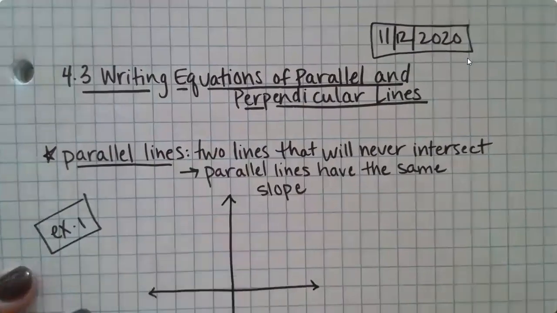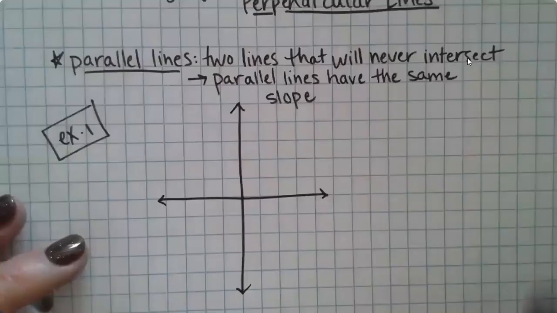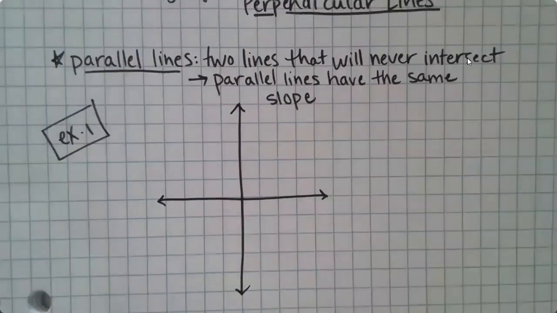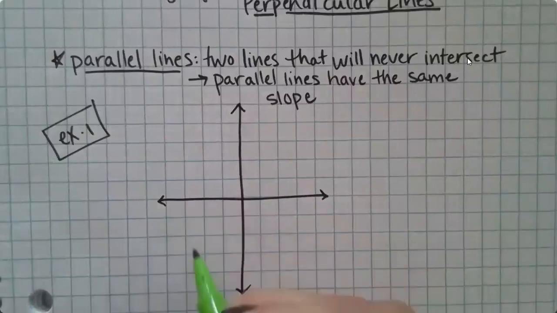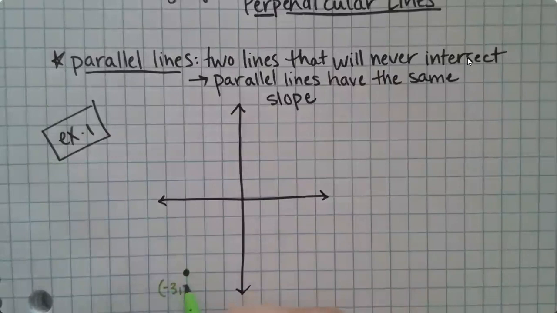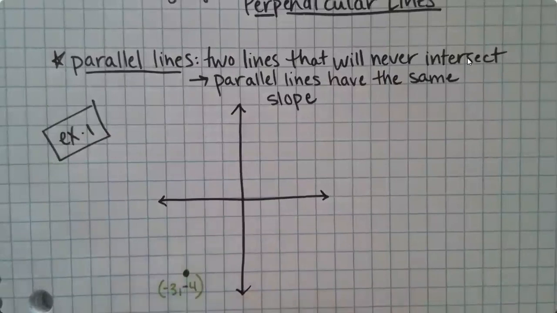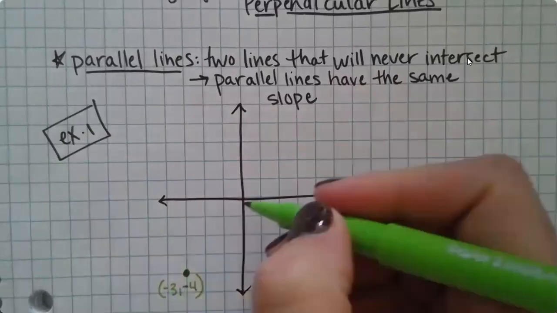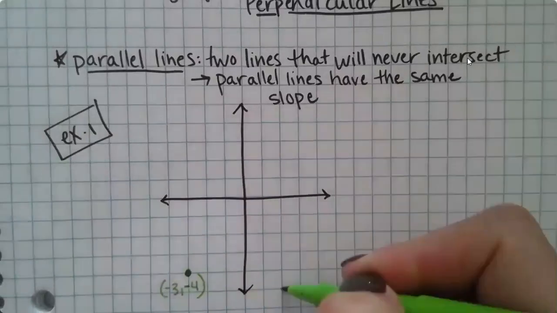All right, so I'm going to draw 3 lines here, and we'll label the points. So first we have -3, -4 is one point on this line. And 2, -5.